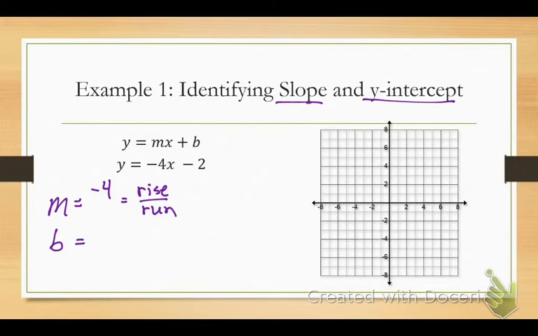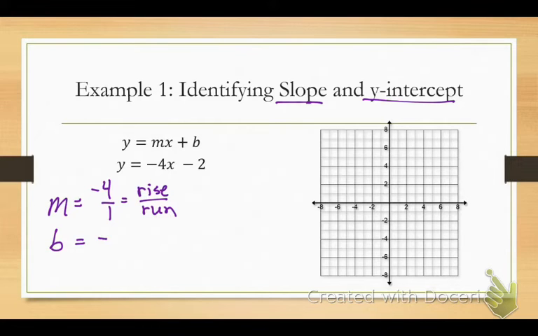I can put it over 1. -4 over 1. The reason I put it over 1 is to remind me that I have rise over run, so you don't think it's a 0. Now, which number is plugged in where b goes in your formula? Get the sign right. -2 is where b was in the formula.